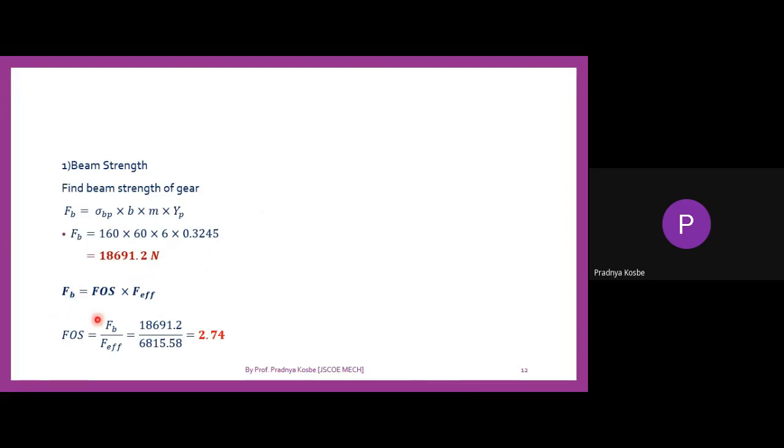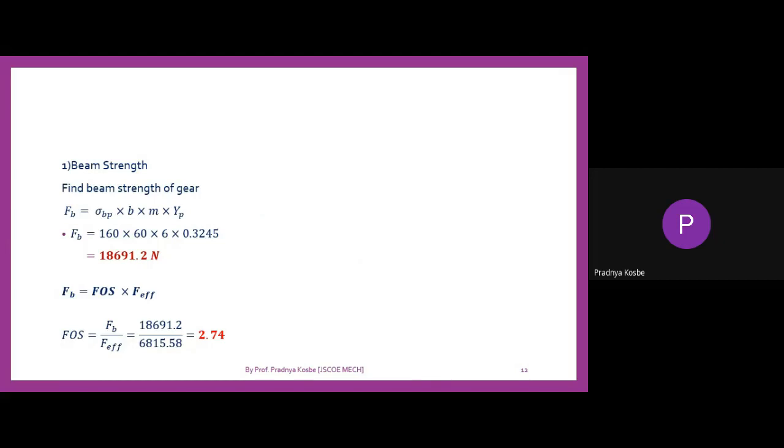And another formula, we know that FB is equal to factor of safety into F effective, and that factor of safety is FB divided by F effective. Put this value, you will get the answer 2.74.